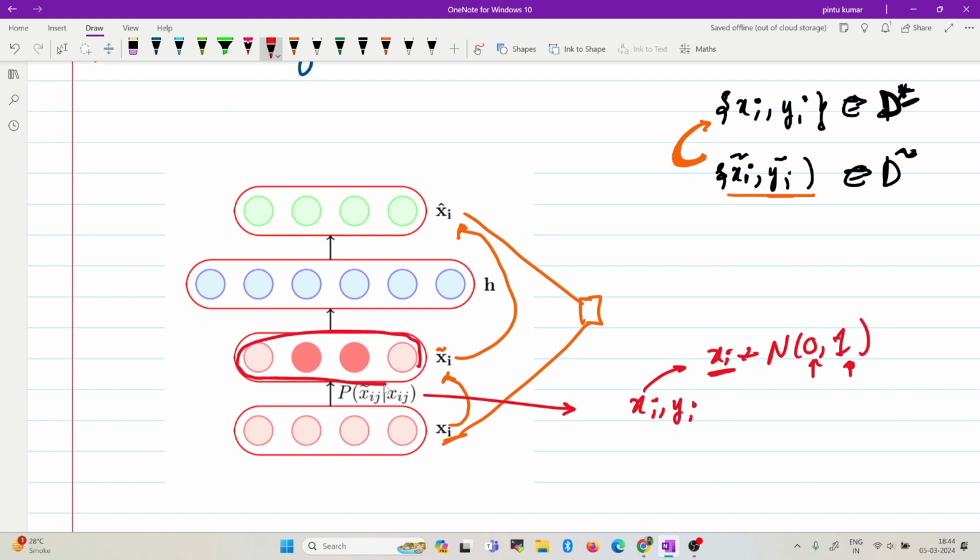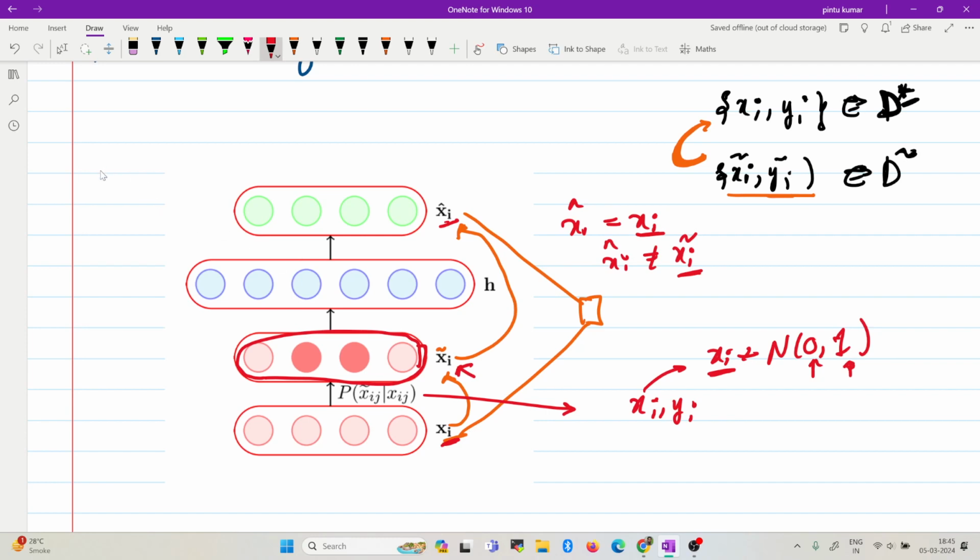But remember, what is your ultimate goal? Your ultimate goal is that your xi hat should be equal to xi and not xi tilde. So you want your output layer to be the same as xi and not xi tilde. You are giving it noisy input, but you expect clean data out of it.